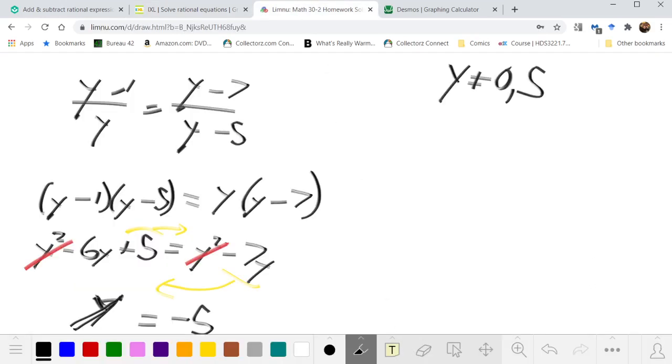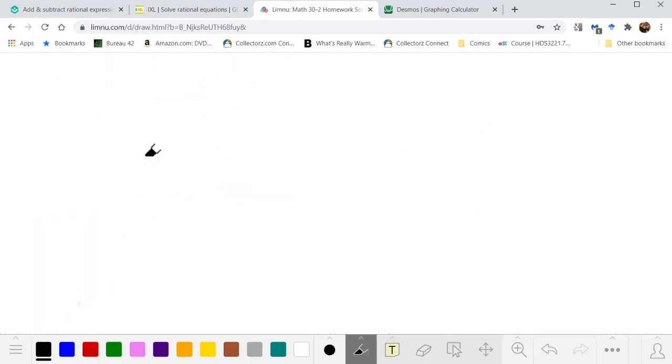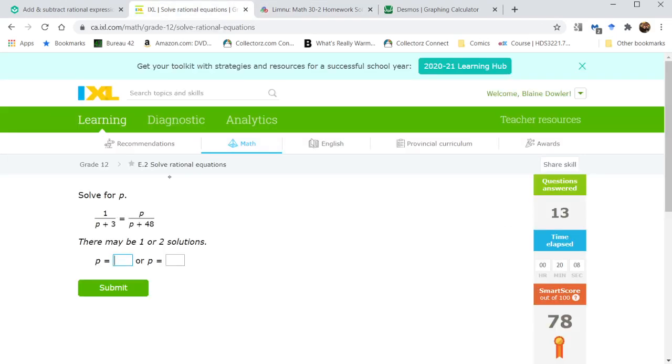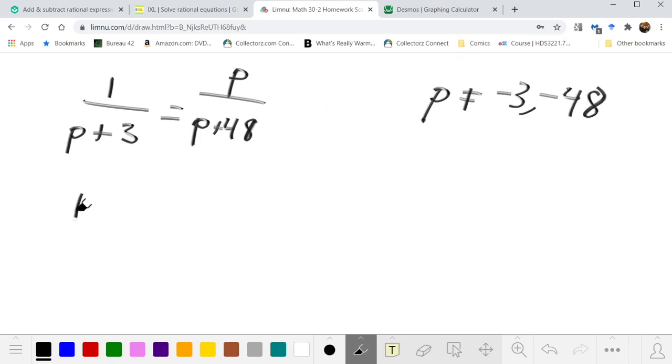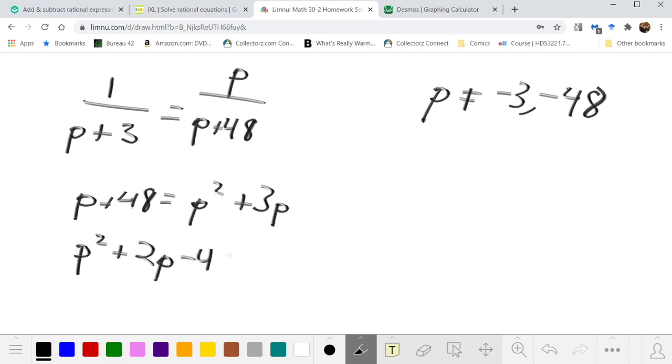Now, 1 over p plus 3 equals p over p plus 48. So our variable p is not allowed to be negative 3 or negative 48. Cross multiplication gives us p plus 48 is p squared plus 3p, or p squared plus 2p minus 48 equals 0.